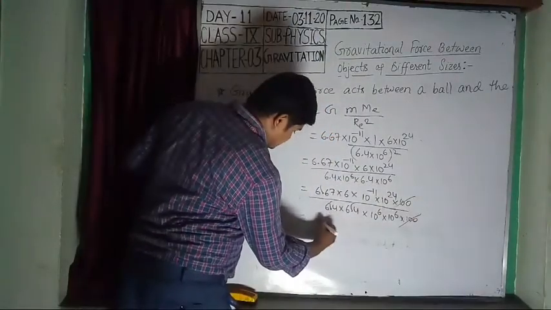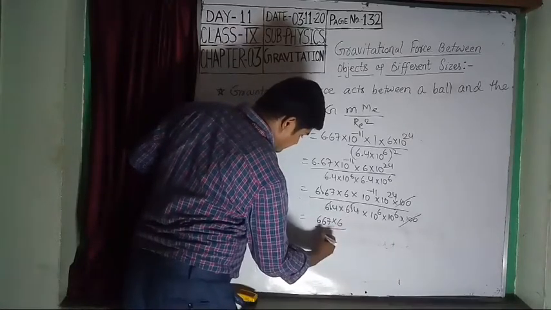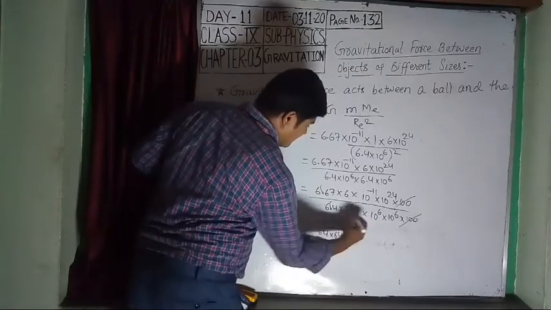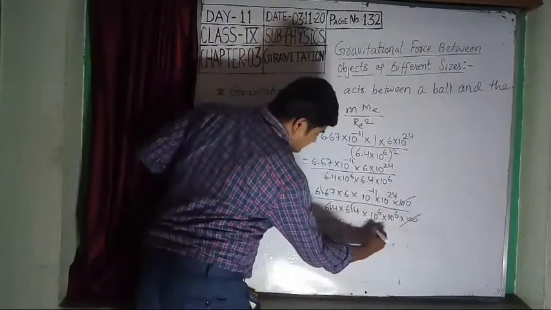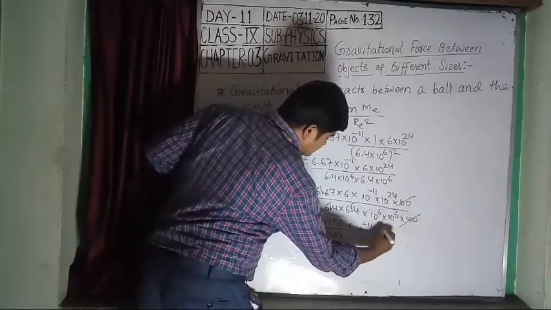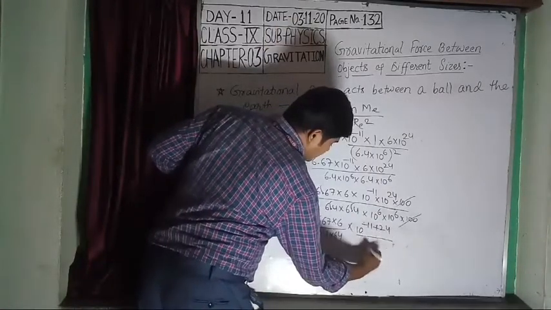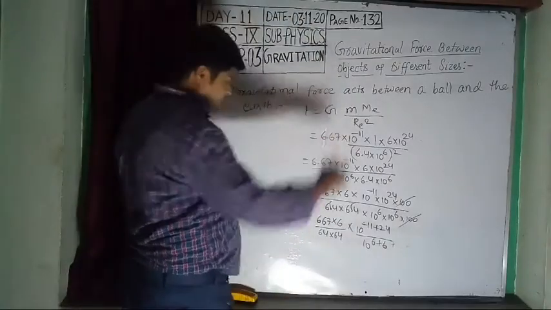Now 667 into 6 by 64 into 64, and for 10 to the power, the base is the same, so add: minus 11 plus 24 by 6 plus 6. This is the value of F.